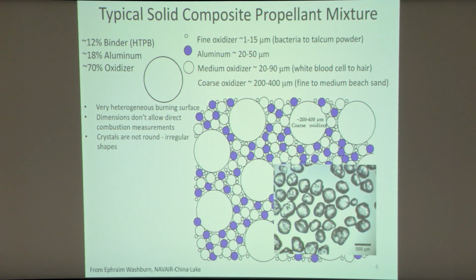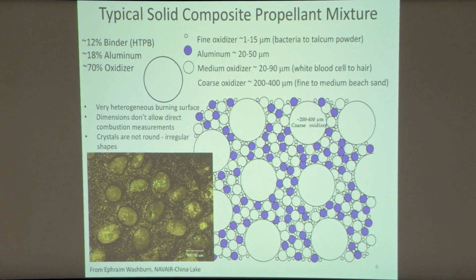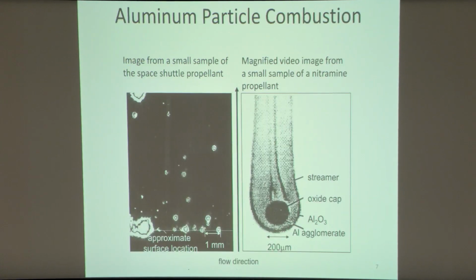This is a picture of the large oxide particles and what it might look like in an AP composite propellant. So points, very heterogeneous burning surface. The dimensions don't allow for direct combustion measurements, and the crystals are not round.